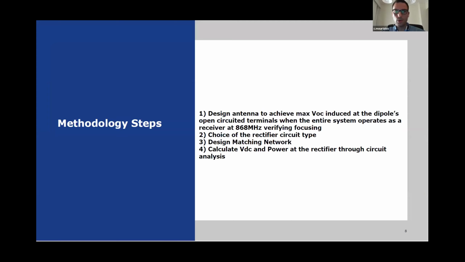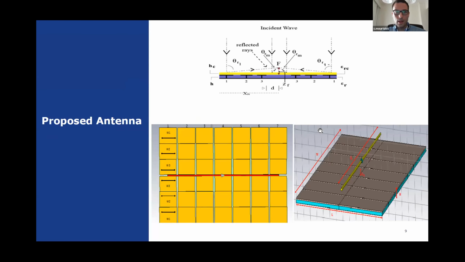The methodology steps followed are: first, we designed the antenna system in order to achieve maximum VOC, the voltage induced at the dipole's open circuit terminals when the entire system operates as a receiver at the frequency of interest of 868 megahertz, verifying the focusing phenomenon. Then we made the choice of a rectifier circuit type and designed the matching network. And finally, we calculated voltage and power at the rectifier through circuit analysis.